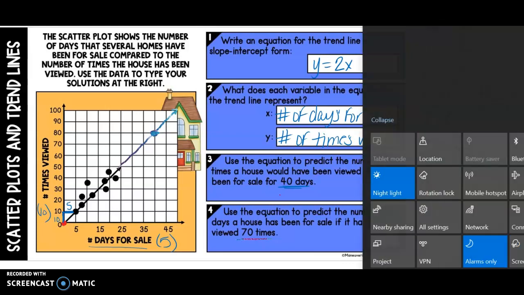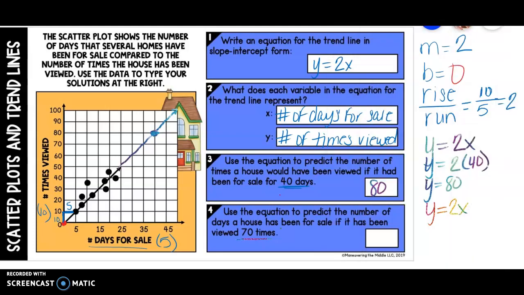This time we are going to substitute our y value and place 70 equals 2x. We divide by 2. x is equal to 35. So it's been on the market for 35 days. If I were to go to 70 over here and plot my point, I would still be at 35 days.